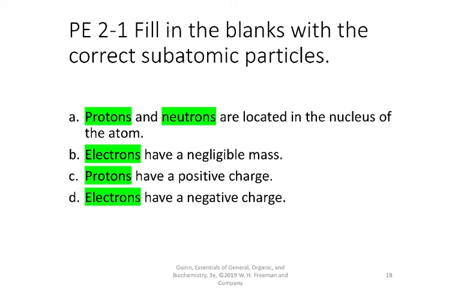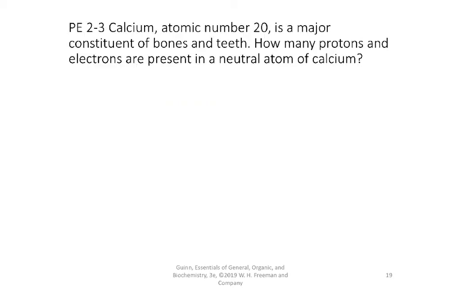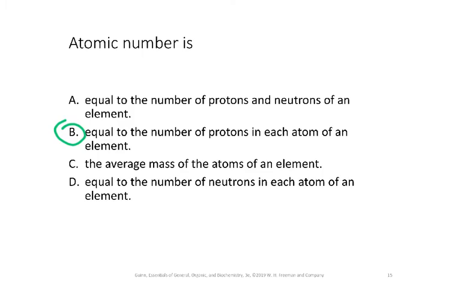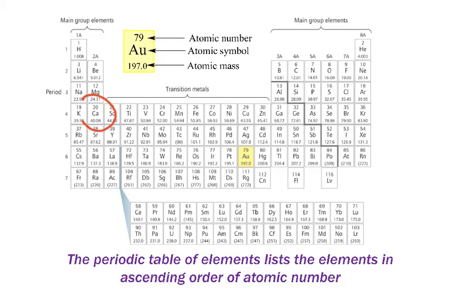Okay, another string of questions here, and here's another one. Calcium, it's atomic number 20. Let's go back. Right here. I found that quick because I know where calcium is, but you can find that quickly because I just told you that it's atomic number 20. And so you see they go in order.